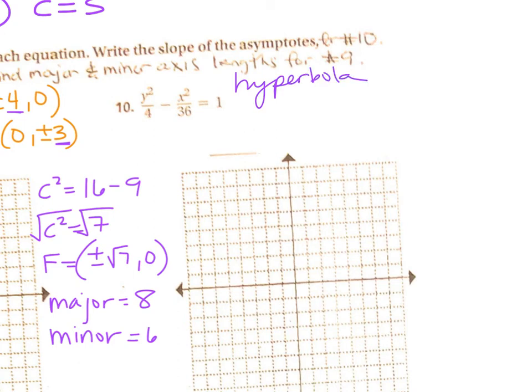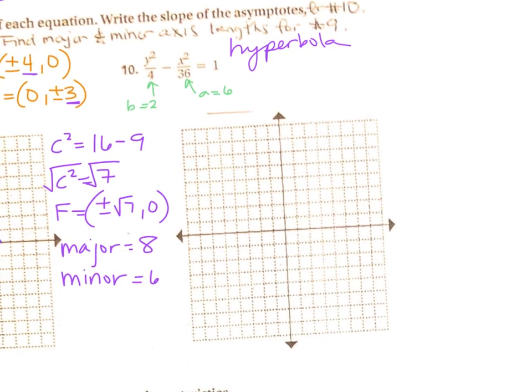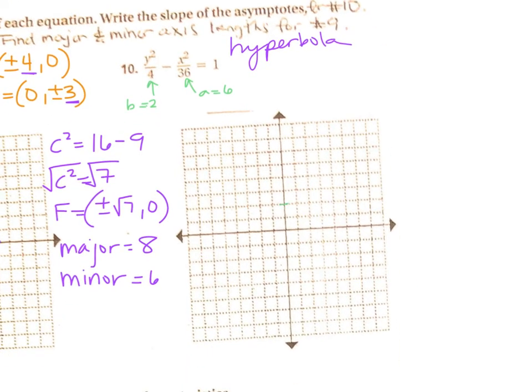And for the hyperbola, we have our b term. This is b squared, so our b would be 2. Our a term would be 6. So when we set this up, b is the vertical here, so 1, 2. And remember, the first one on a hyperbola is your vertices.